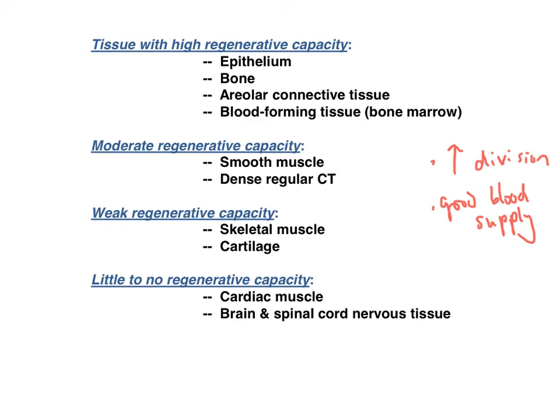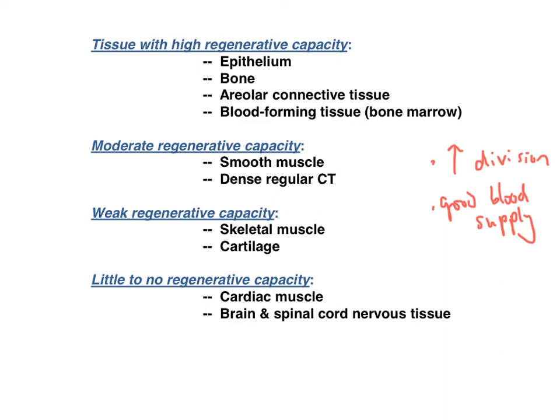Smooth muscle and dense regular connective tissue is all right. Skeletal muscle and cartilage do not have a great ability to replace themselves. Skeletal muscle has very limited cell division, but has a great blood supply. Cartilage also has much more limited cell division. And then cardiac muscle and the central nervous system have little to no regenerative capacity.